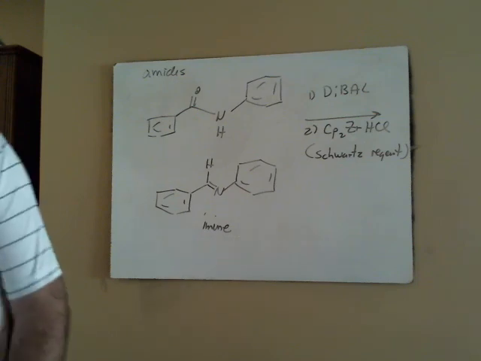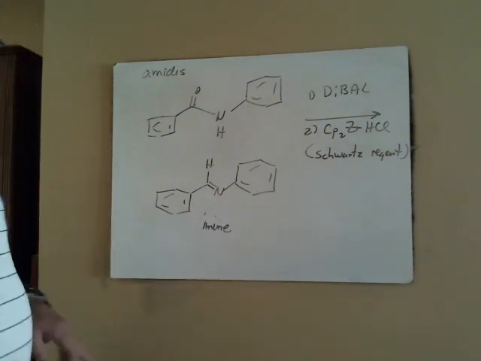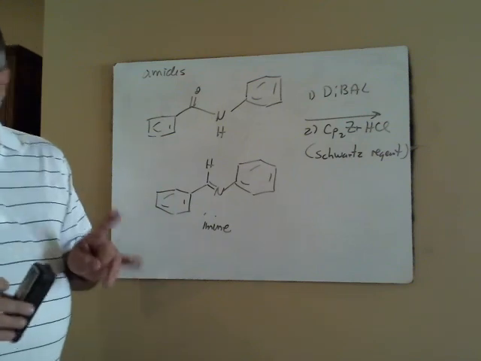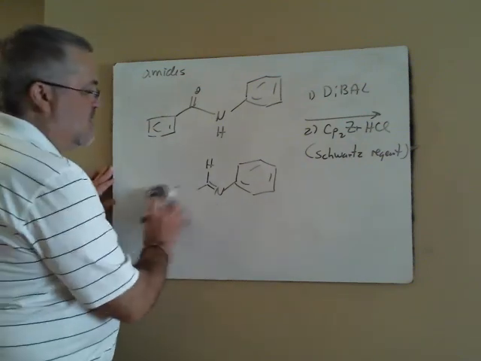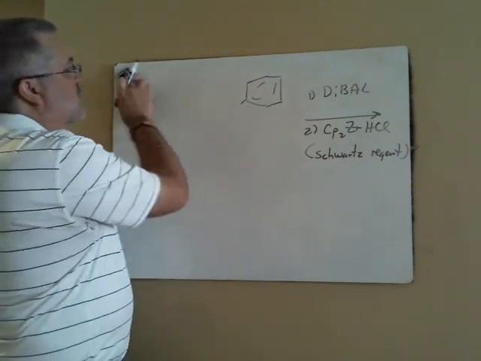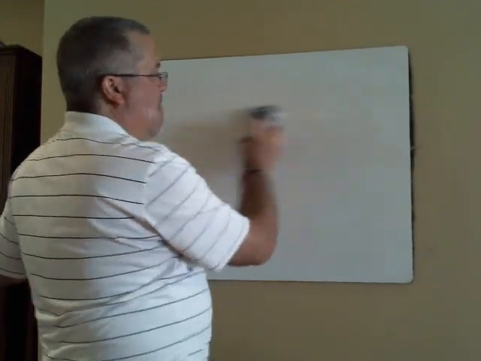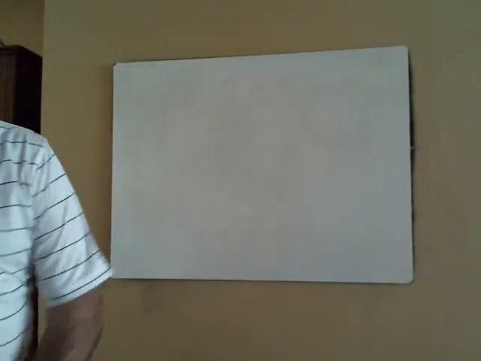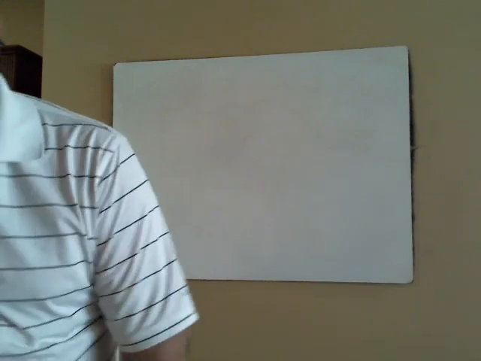All right, and so at the point we are now, we're done with amides, and so the only functionality that's really left for us to talk about are nitriles. And we're going to save nitriles for the lecture on Friday.